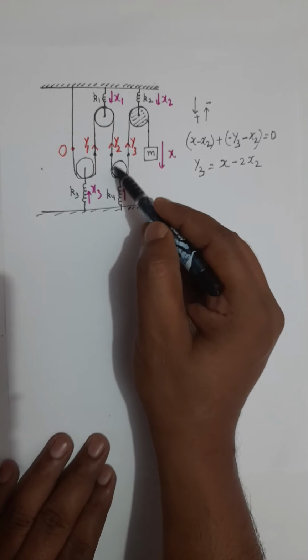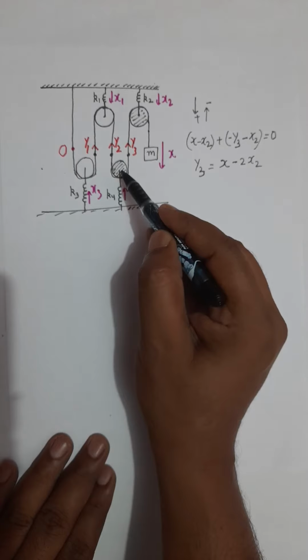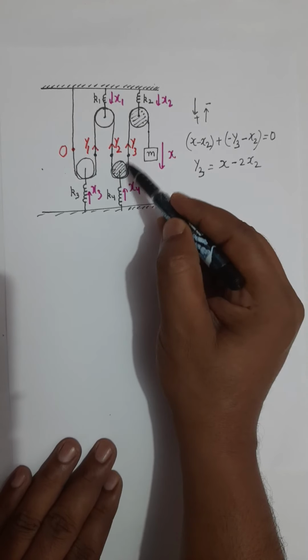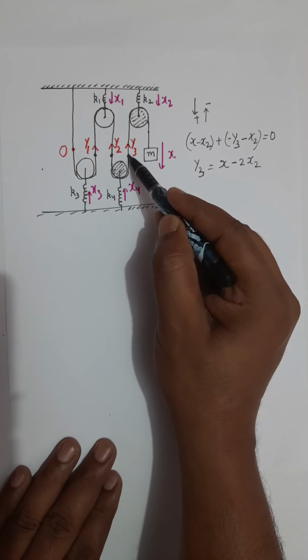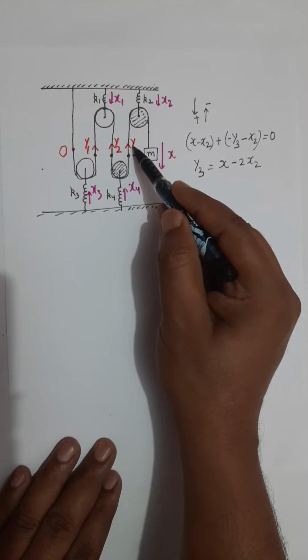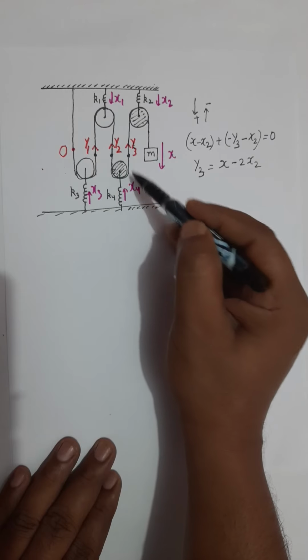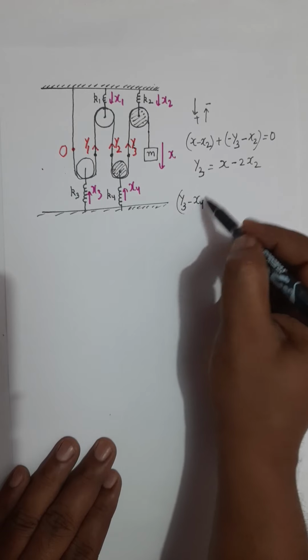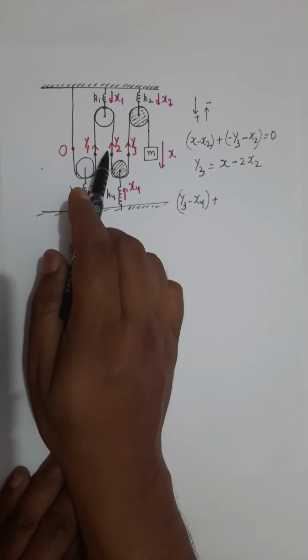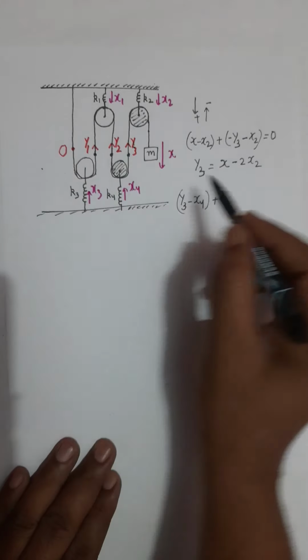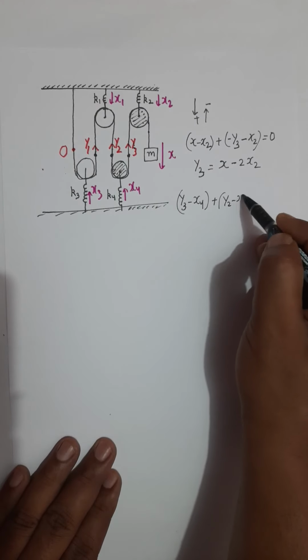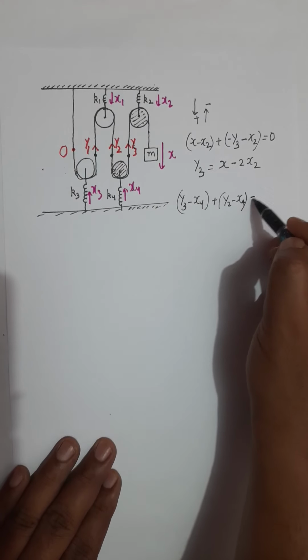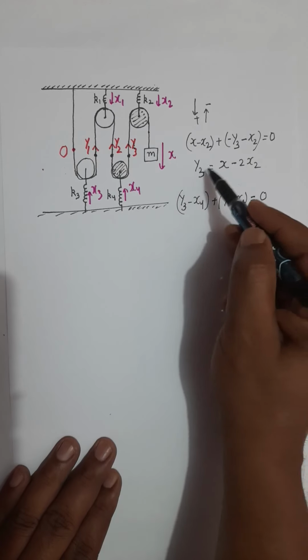Now coming to the second pulley, on the right hand side you have y3, which relative to the pulley will be y3 minus x4. So y3 minus x4 plus, on the left side, you will write y2 minus x4, and put it equal to 0.